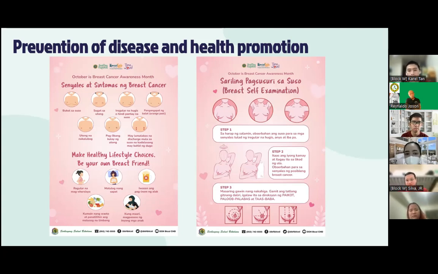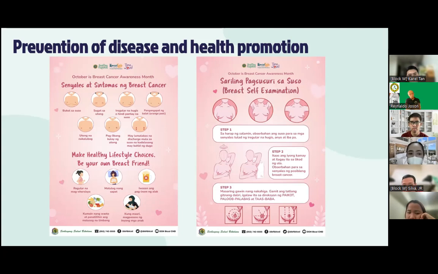So for these patients, relatives, and female children, they should be advised on early screening and early detection of breast cancer, which can be simplified by what is shown in this infographic po. I got this infographic from the Department of Health. So they showed a simple way on what the signs and symptoms of breast cancer are and how they can prevent it, and how to do breast self-examination po.